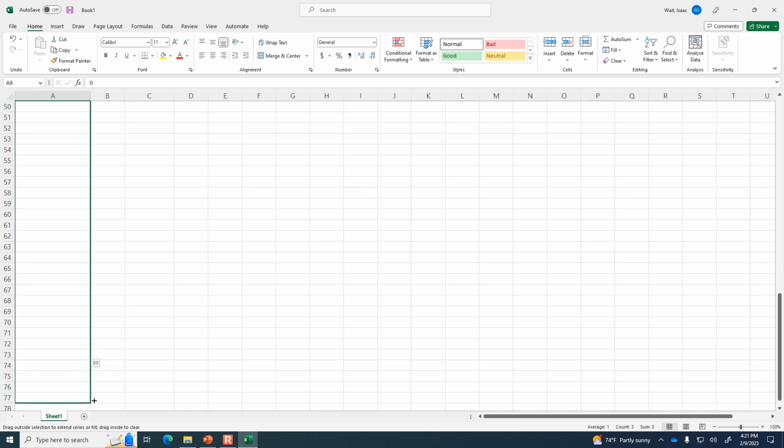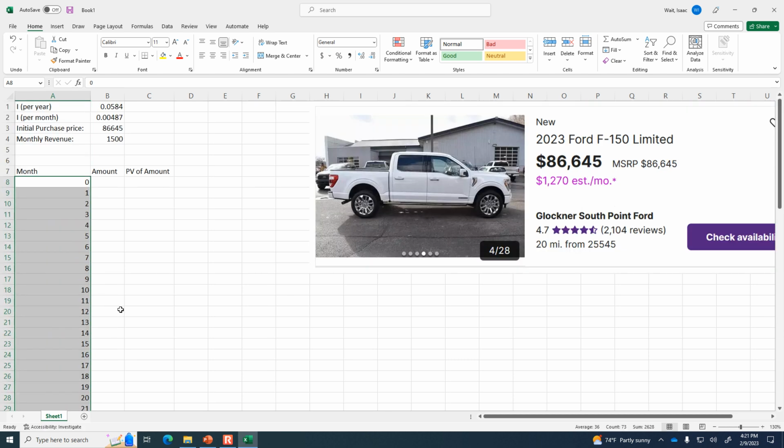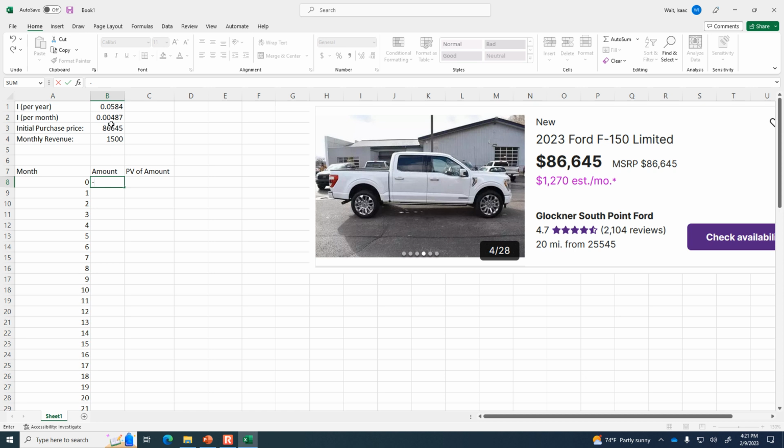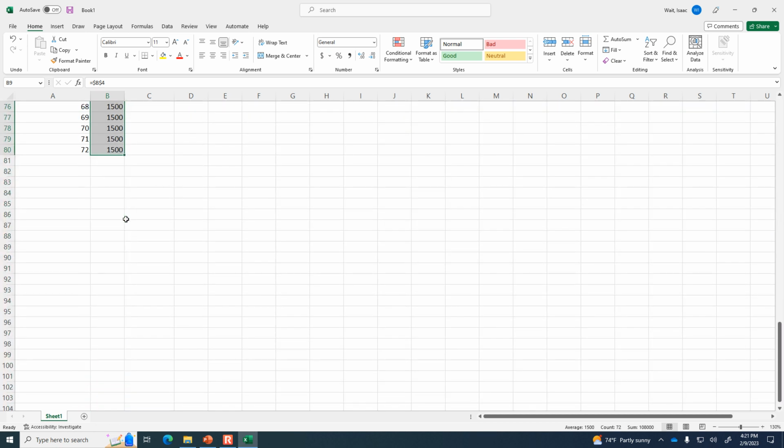At month 0 is when we pay our $86,000, so minus the initial purchase price. Then for month 1 and all the others, I'm just going to refer to the revenue and anchor that reference. Drag it down. I can double click here and it will fill it for the rest of them all the way down through the 72 months.